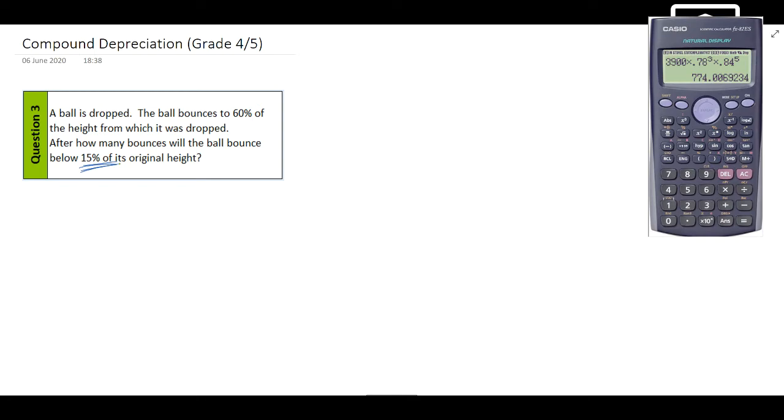So let's give the original height, the height from which it was dropped, I suggest, just because it works nicely with percentages, doing 100 meters. So I'm interested to find out at what point it is below 15% of the height.